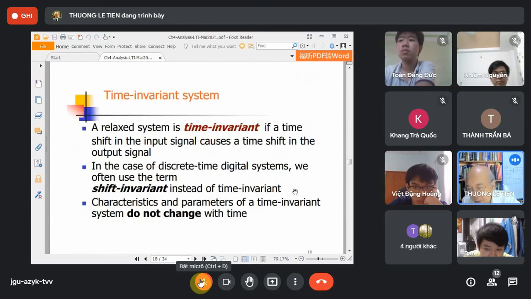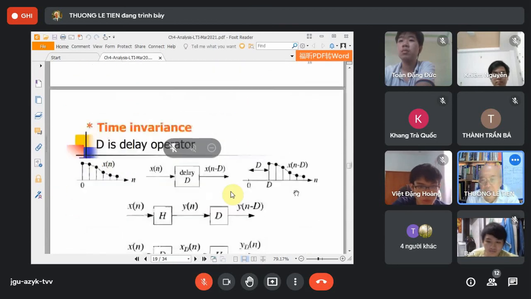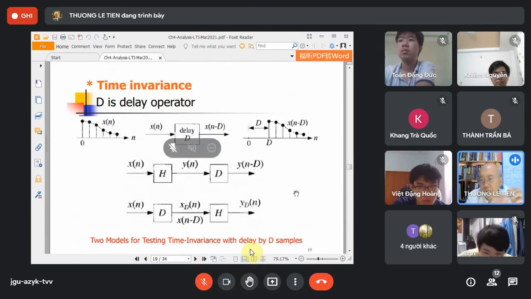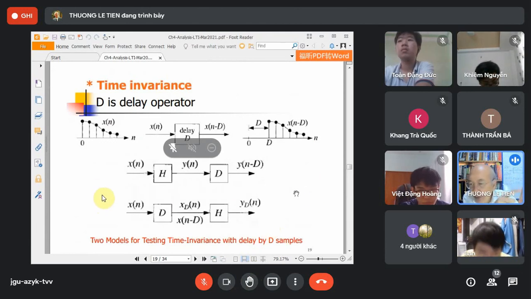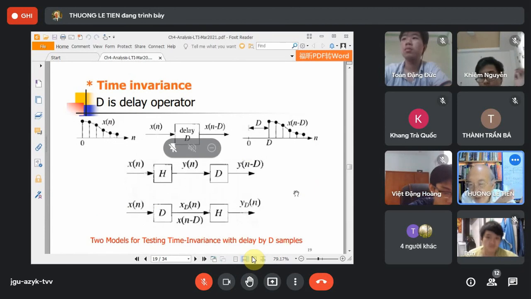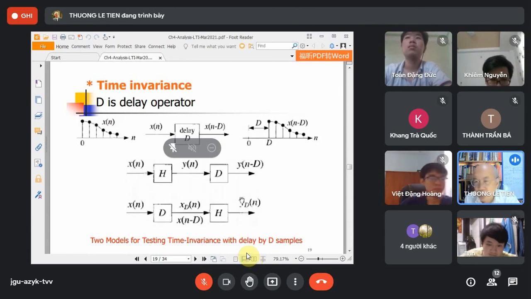Now, time invariance. You know the basic definitions of time invariance already, so I just show you the way we can check the time invariance property of a system for given I/O equations, the relationship between the input and the output. We also use two models.